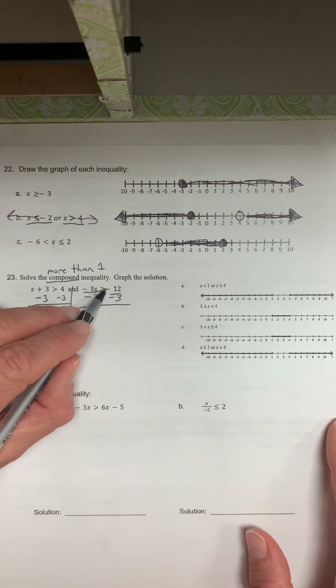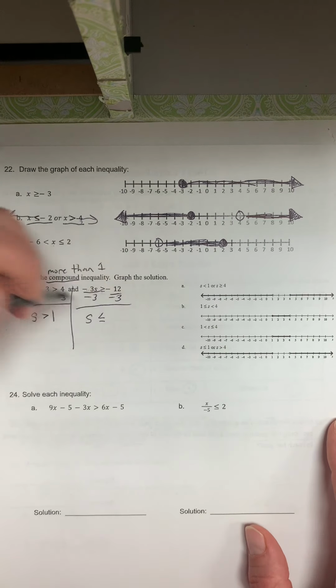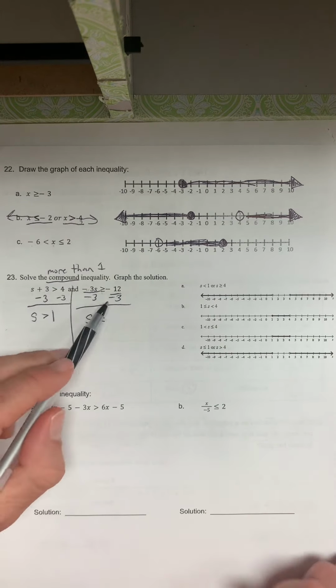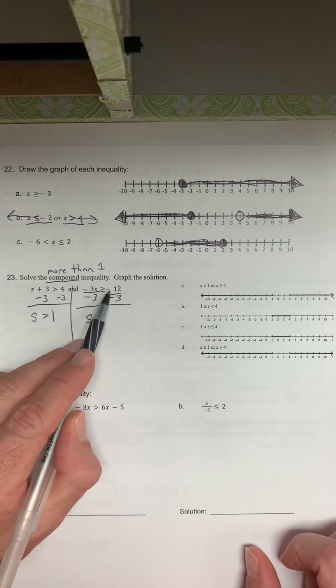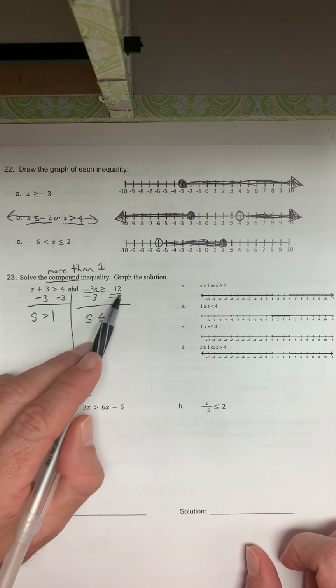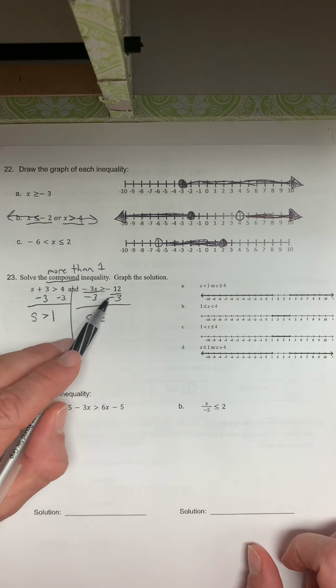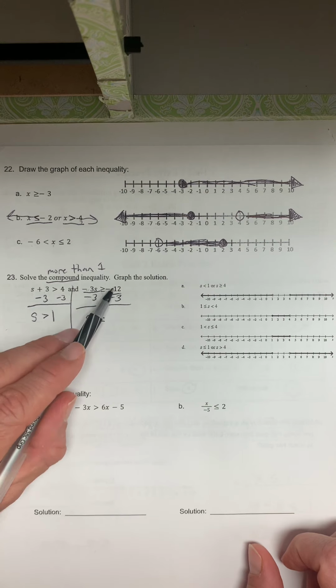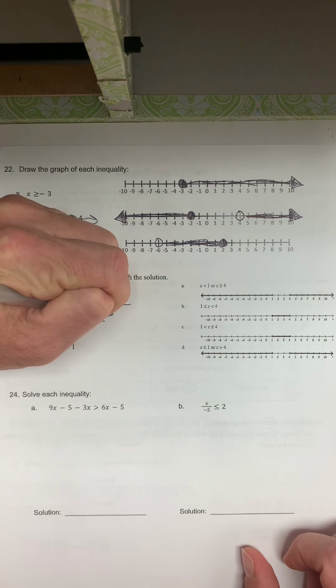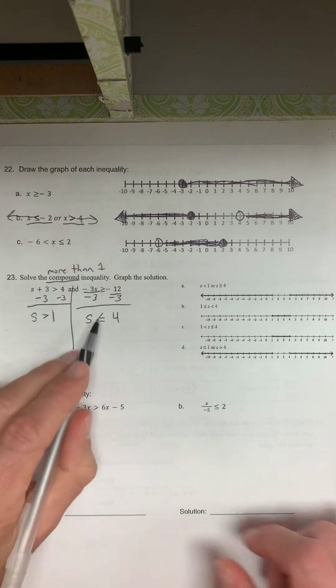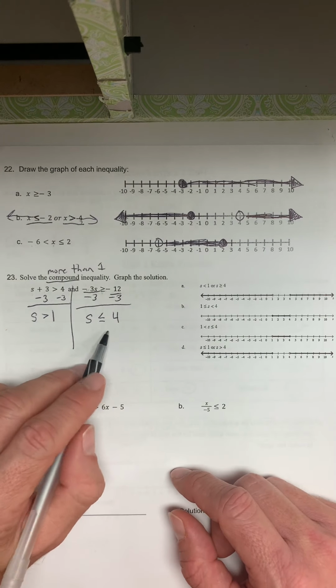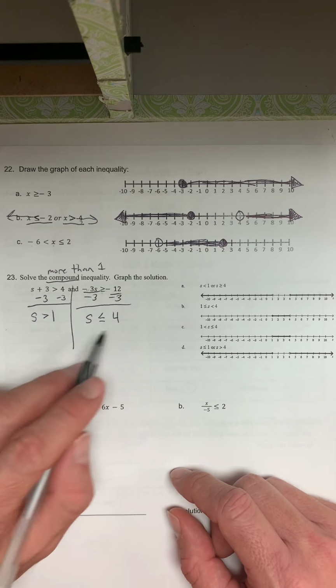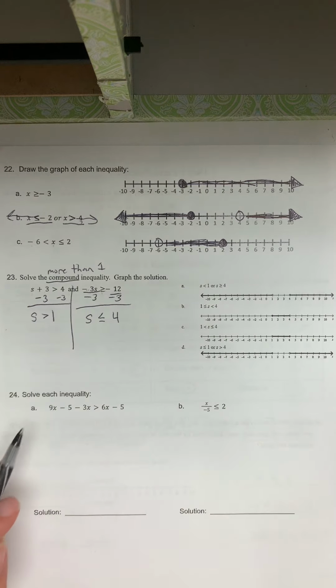So instead of the arrow going this way, it's going to go that way. And now let's figure out what goes over here. So negative 12 divided by negative 3. A negative divided by a negative is a positive, so 12 divided by 3 would be 4, positive 4. So s is less than or equal to 4, and s is greater than 1.